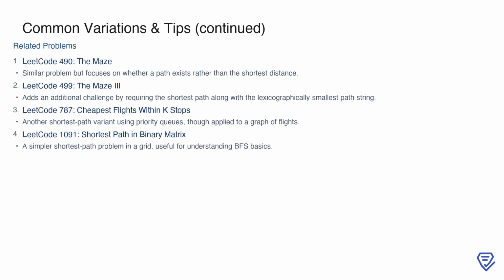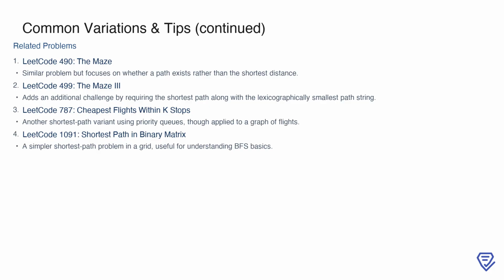Another related problem is LeetCode 787, Cheapest Flights Within K Stops, which applies shortest path algorithms to a graph of flights instead of a grid. Lastly, LeetCode 1091, Shortest Path in Binary Matrix, is a simpler shortest path problem in a grid that focuses on BFS basics. Exploring these related problems can deepen your understanding of shortest path algorithms in different contexts and help you build transferable skills.